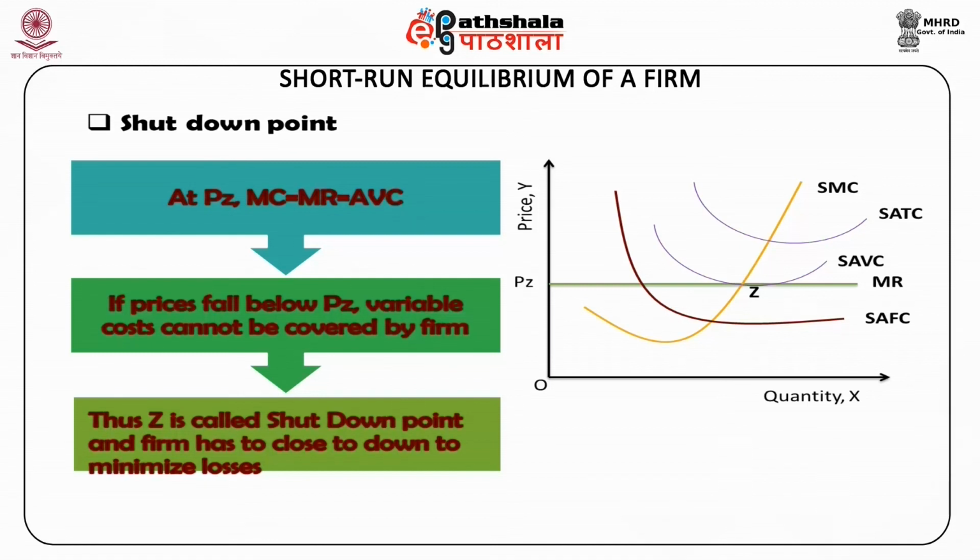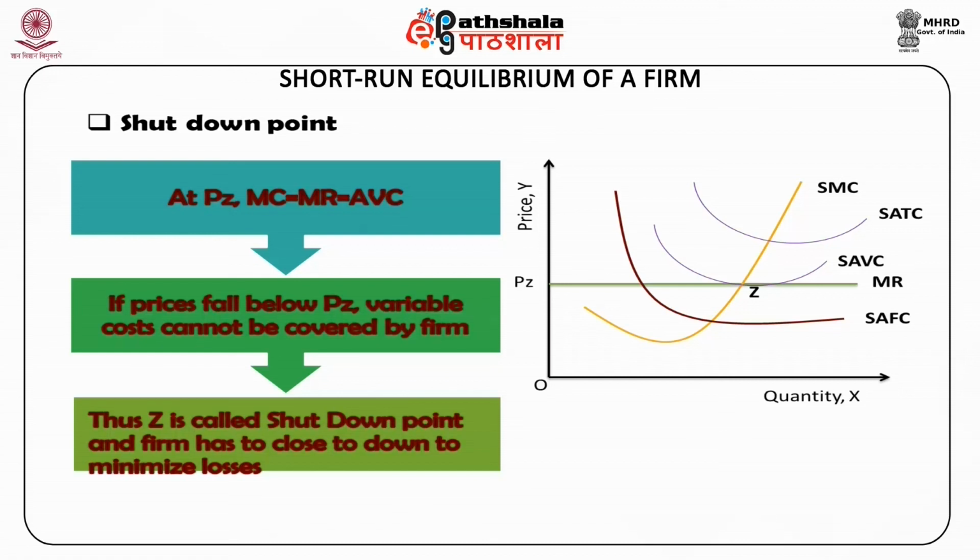The short-run average total cost curve is the U-shaped cost curve and it can be divided into SAFC, the short-run average fixed cost curve, and SAVC, the short-run average variable cost curve.